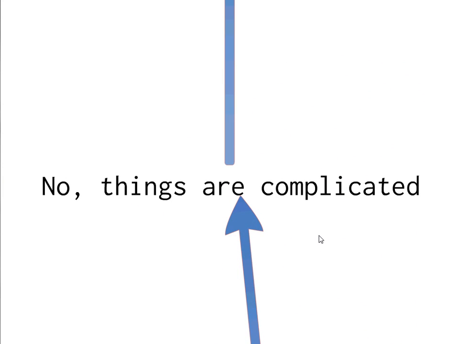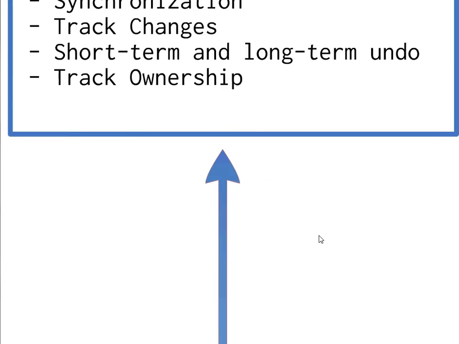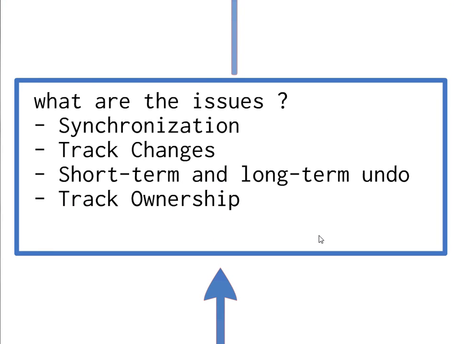So things are not simple when you are working on a team. Managing source code files gets difficult. So you might ask, what are the issues that arise when working with a team and developing software projects?